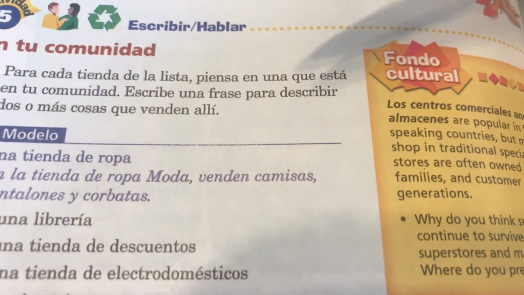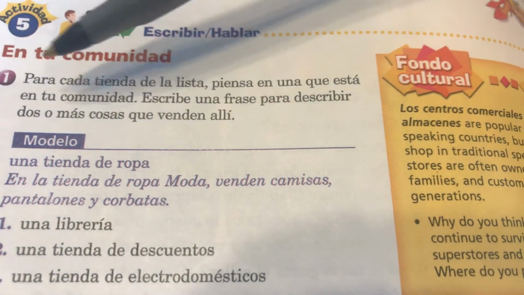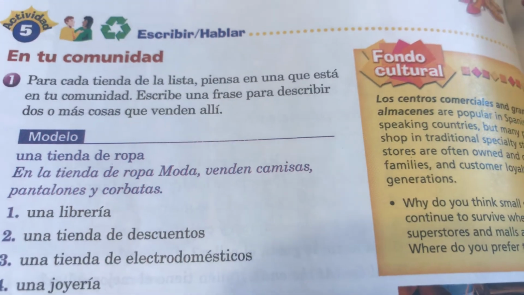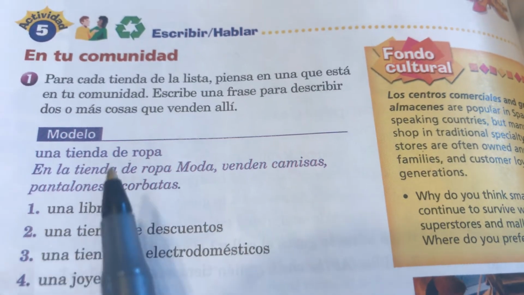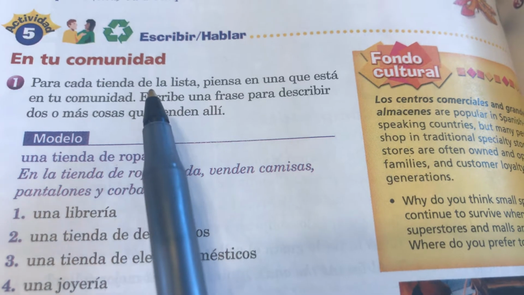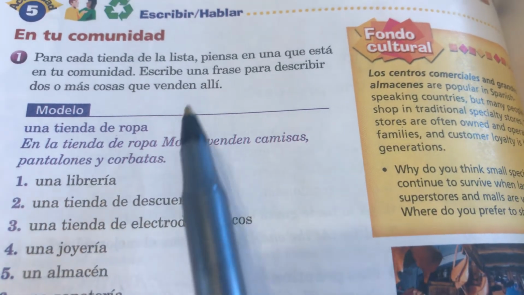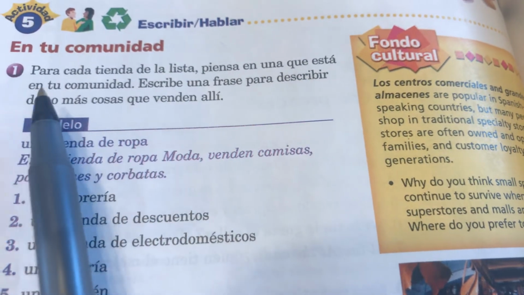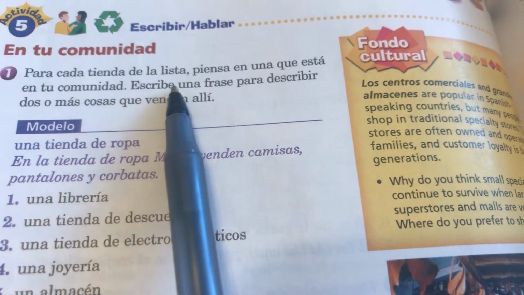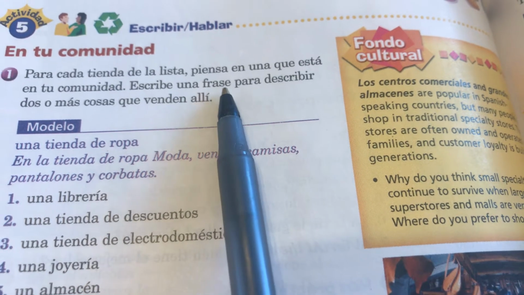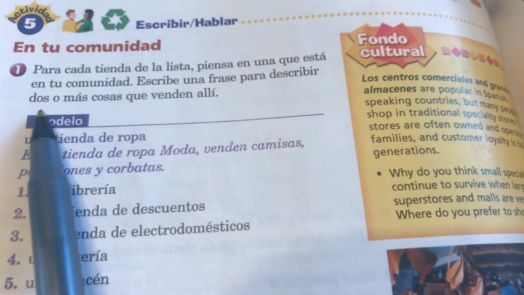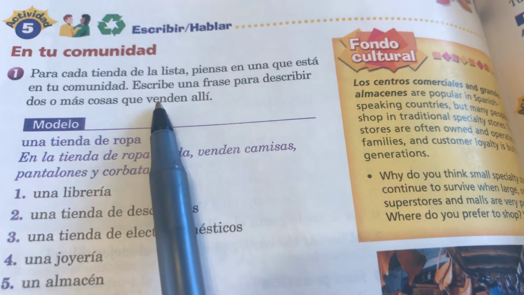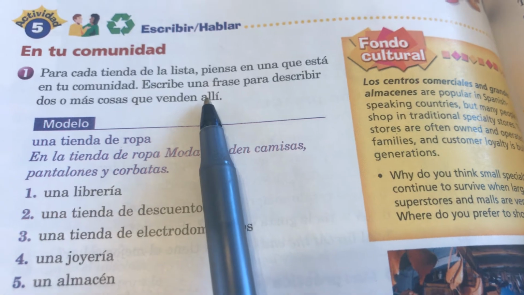Escribe una frase para describir dos o más cosas que venden allí. Okay, so what does all of this say? It says, for each store on the list right here, think about one that is in your community. Write down a phrase or sentence to describe two or more things that they sell there.